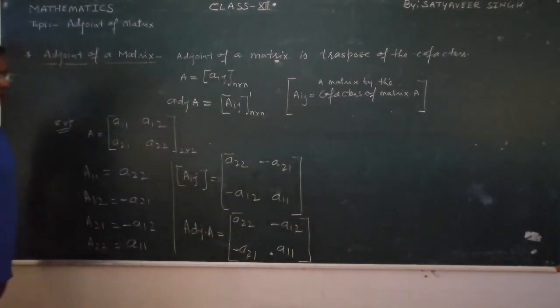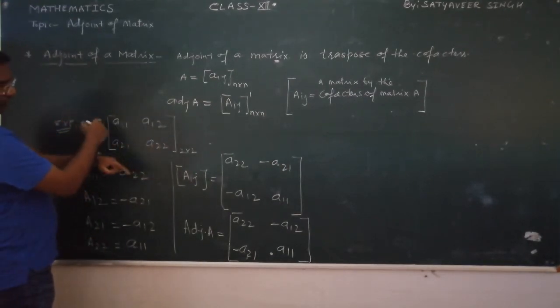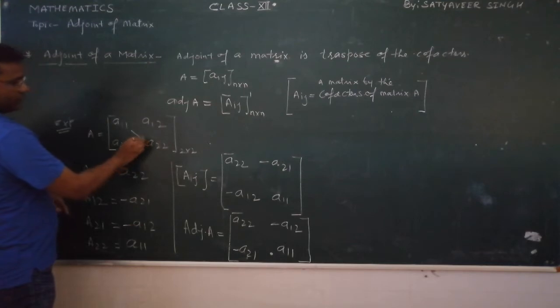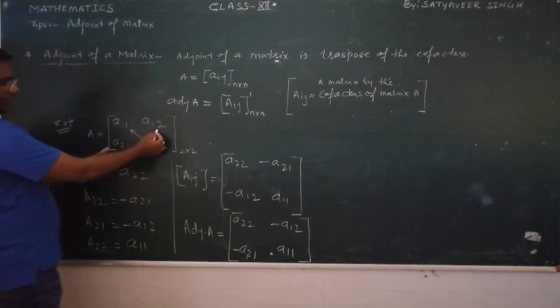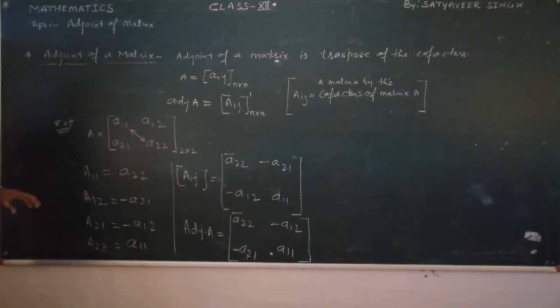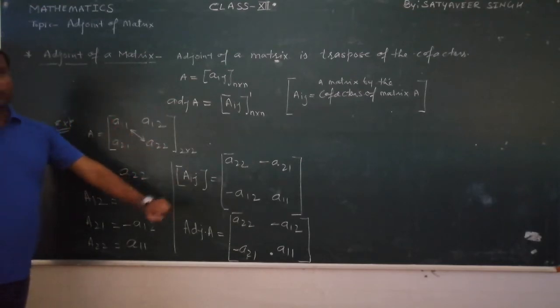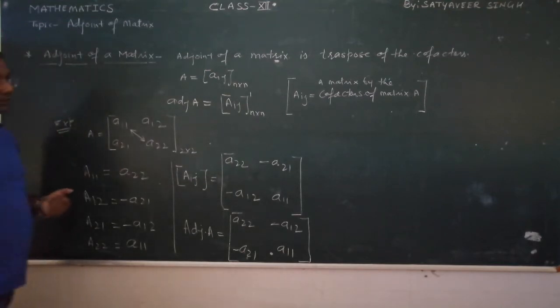See now, student, what happens? These elements I have interchanged, and the sign of these elements I have changed into the opposite sign. If it is positive then negative, if it is negative then positive. So indirectly we have developed a shortcut method for finding the adjoint of a 2 by 2 matrix.